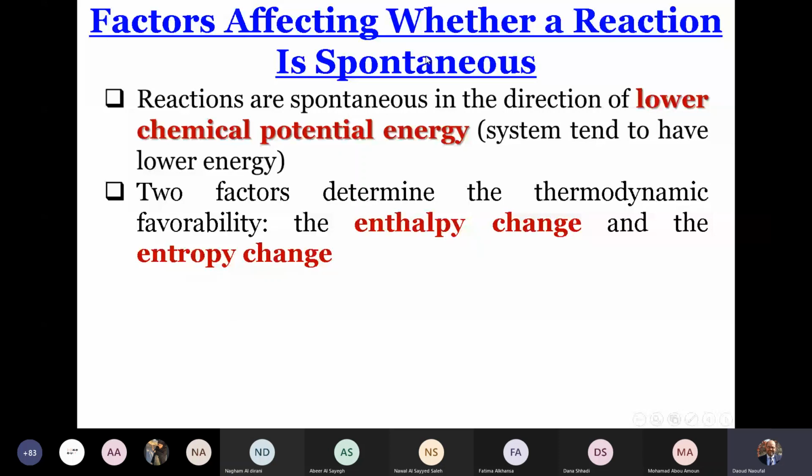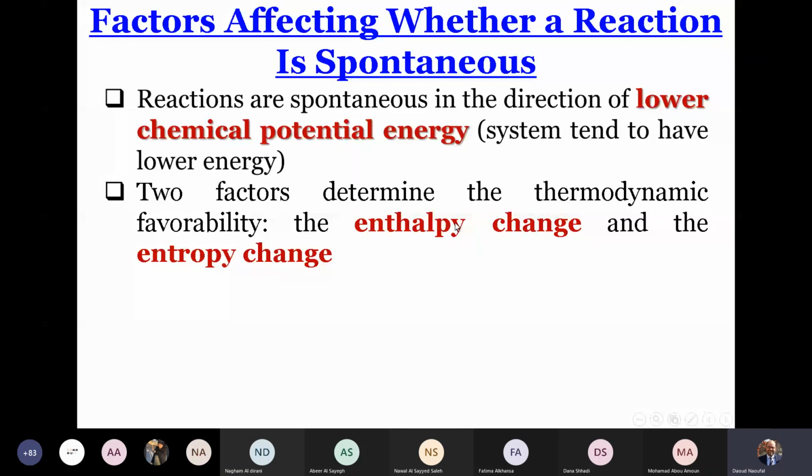So to know if our transformation is spontaneous, we have to calculate first the enthalpy change delta H by the 4 methods studied previously. The second, we have to calculate delta S, which is the entropy change.